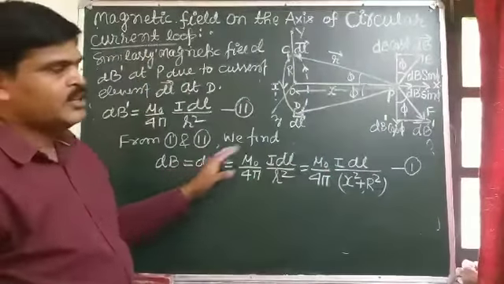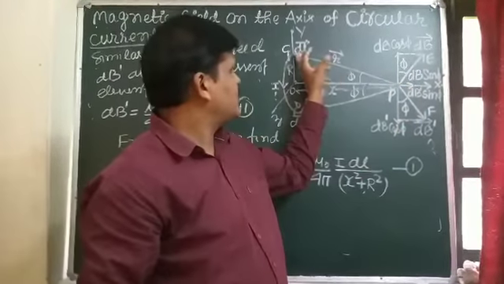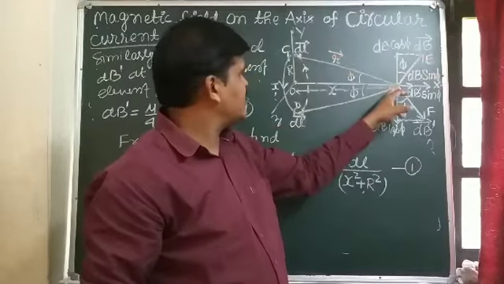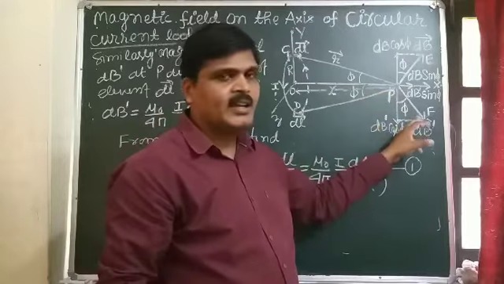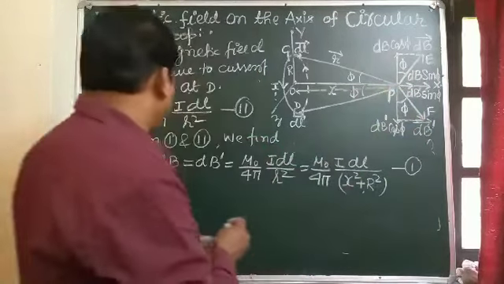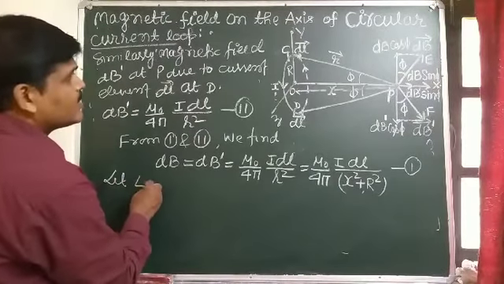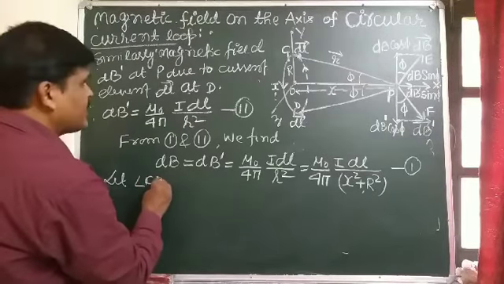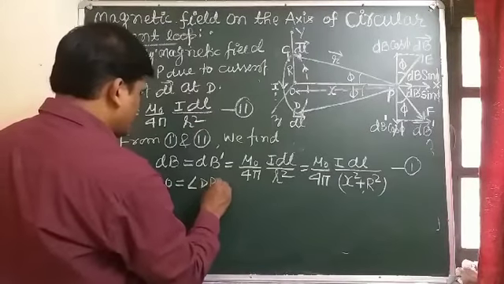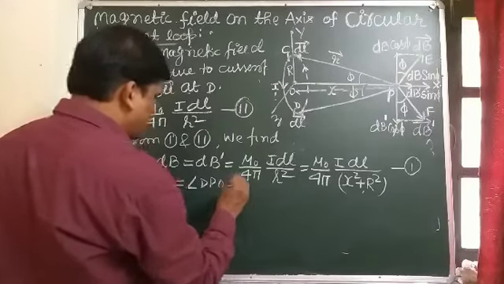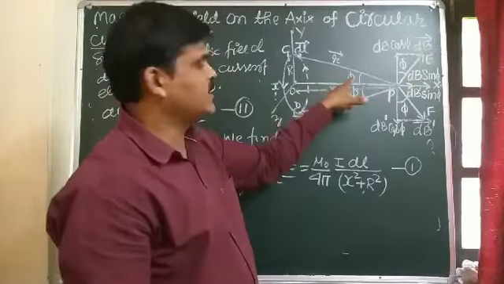And student, see the diagram carefully. The direction of magnetic field dB is perpendicular to CP and the direction of dB dash is perpendicular to DP. Let angle CPO equal angle DPO, which is equal to phi.